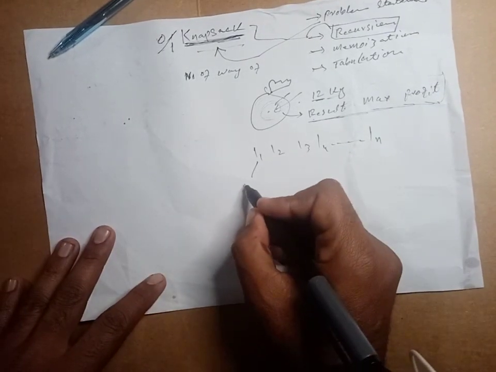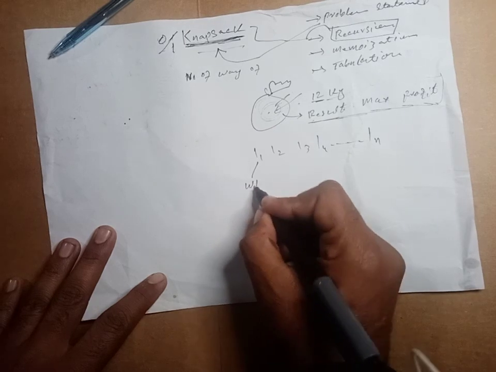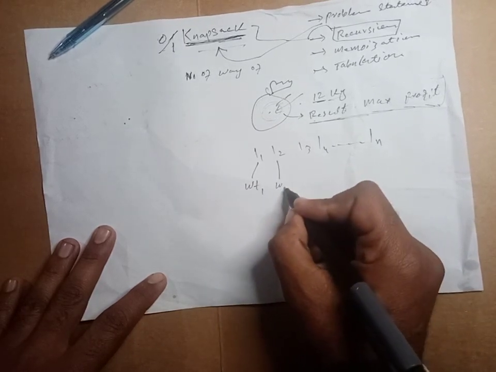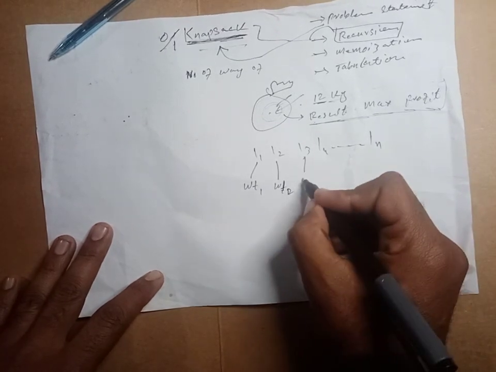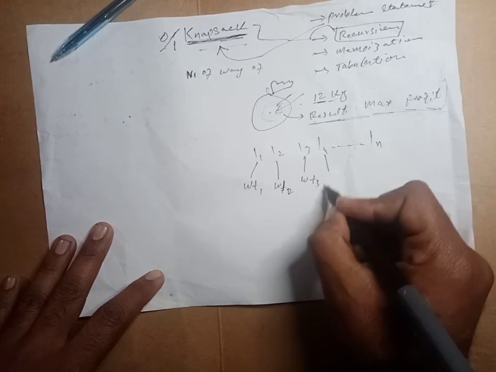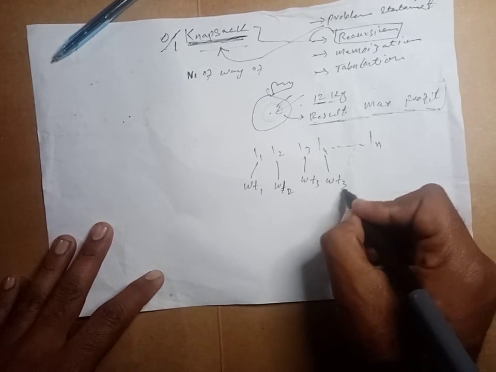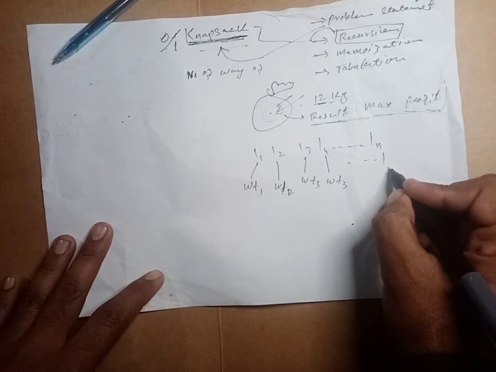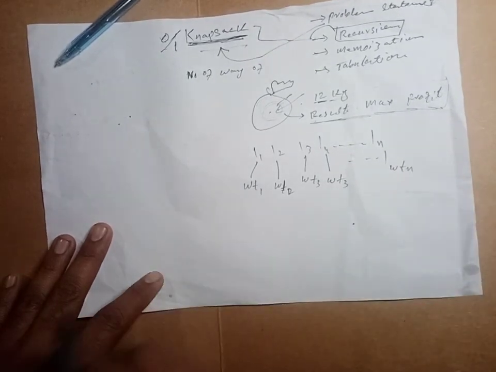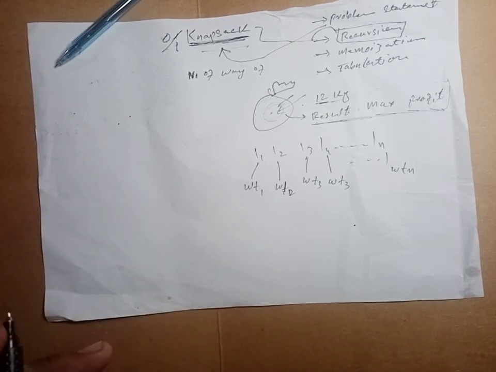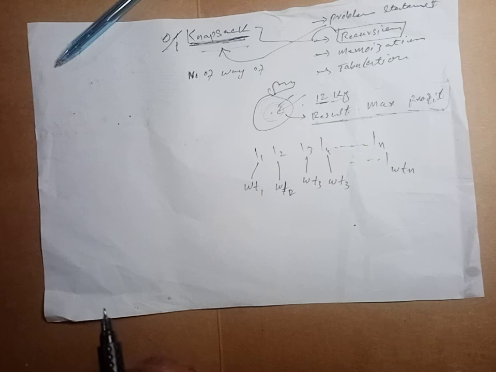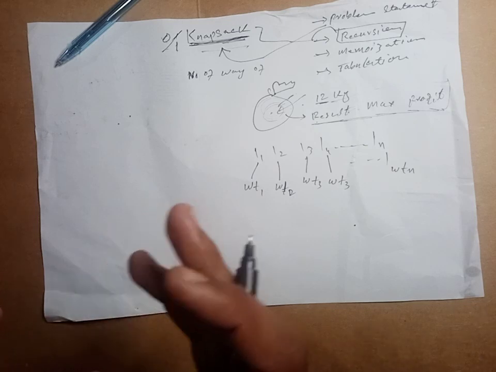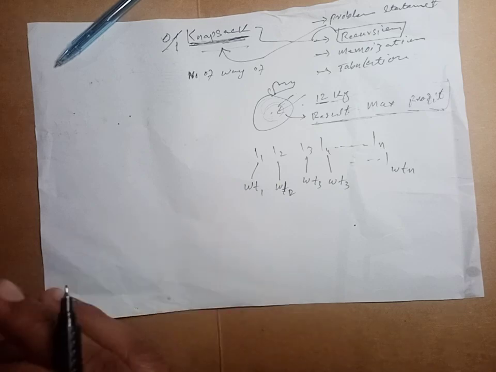So this item should have a weight like WT1, WT2, WT3 and so on, up to weight N. So we will determine the number of each item to include in a collection so that the total weight is less than or equal to the given limit.